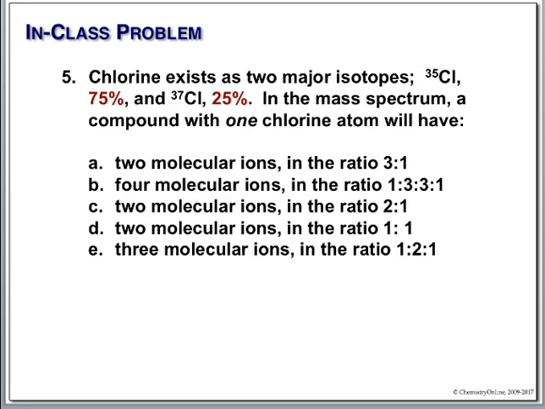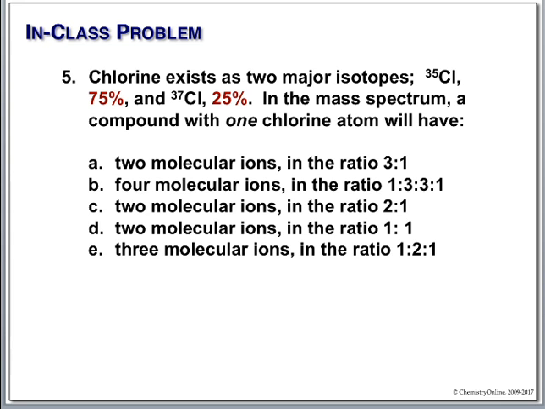All right, mass spec. Chlorine and bromine are interesting in the mass spec. Bromine consists of two isotopes, one at 79 and one at 81, an average around 80, and about equal distribution.